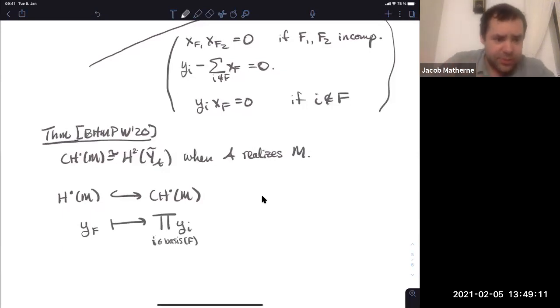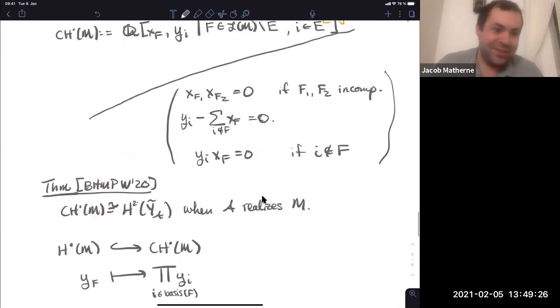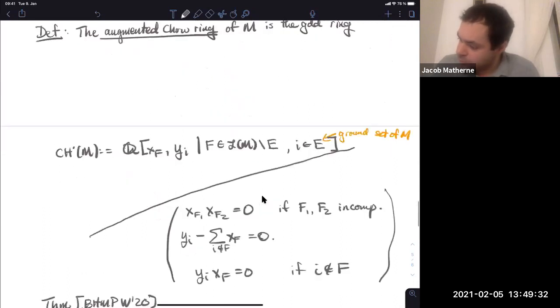Okay, so this gives me an inclusion of the graded Mobius algebra inside the augmented Chow ring. Does this answer your question? So the fact that it doesn't matter what basis you choose is somehow because of that second relation? Yes, you just have to play with these relations. That's right. And with these blow-ups, I'm trying to figure out how I should think about X_F, because you blow up along each flat.